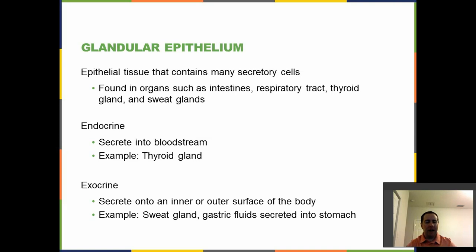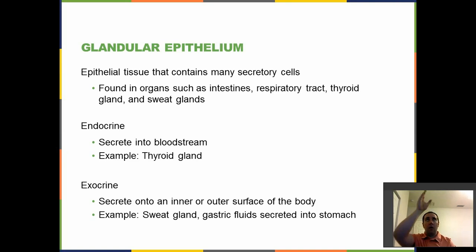The lining of your digestive tract is actually the outside world. Think about it. If you eat something, it goes through your mouth, which is the outside world, down your throat, which is connected to the outside world, into your stomach, into your intestines, and out your anus.